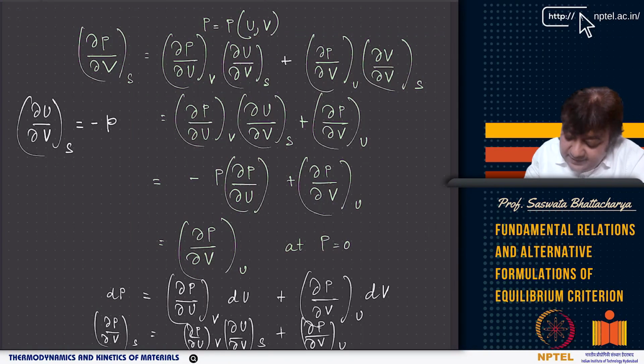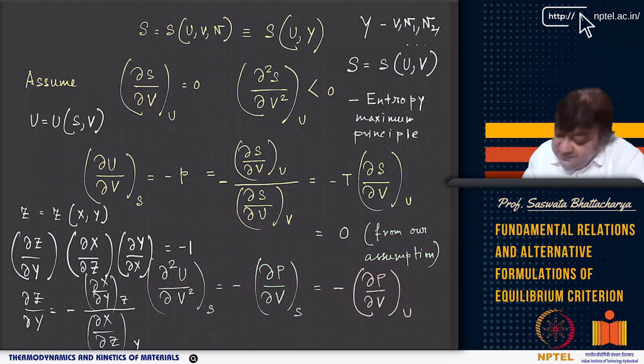So I am writing minus P ∂P/∂U. Now ∂P/∂U, again here we have put V here, and this is ∂P/∂V at U, right? Now, which is nothing but ∂P/∂V.